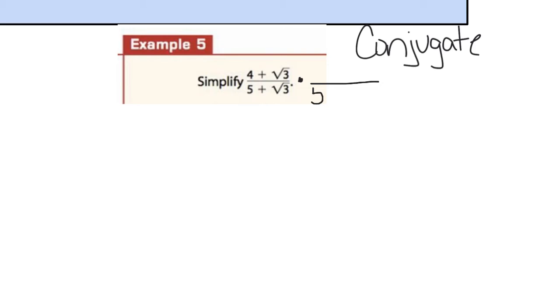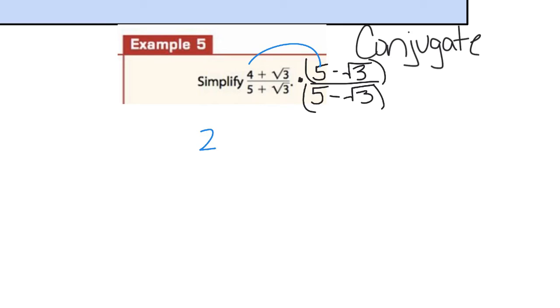So what it looks like is if this is 5 plus the square root of 3, this is going to be 5 minus the square root of 3. And since it is 1, remember we have to multiply it by 5 minus square root of 3 over 5 minus square root of 3. So let's do that foiling right here. We've got to FOIL. So I'm going to do the top in blue.